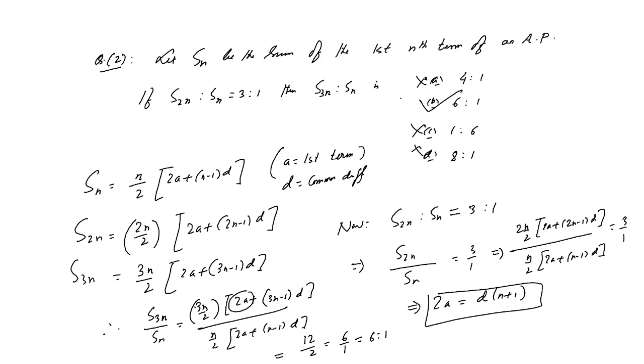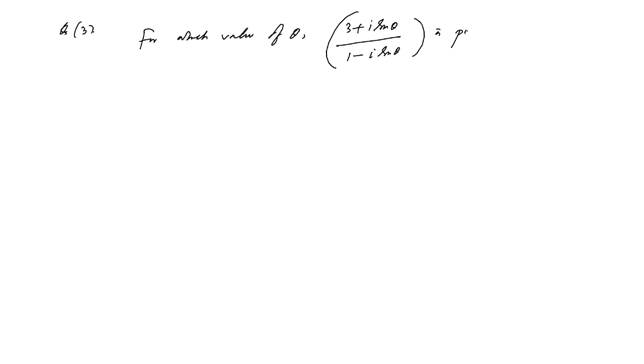Now we will move to the next question, which is given in KVS PGT, question number 3. For which values of theta is the expression (3 plus i sin theta) by (1 minus i sin theta) purely real?